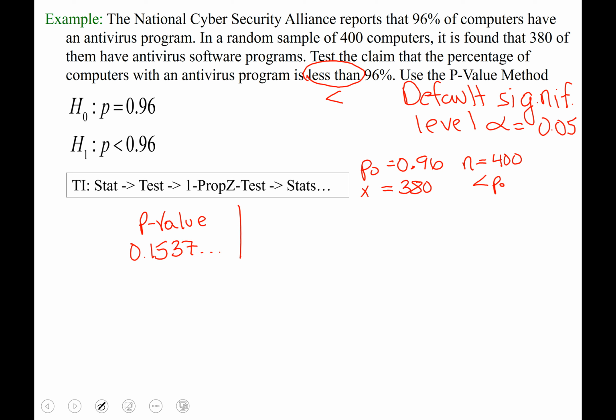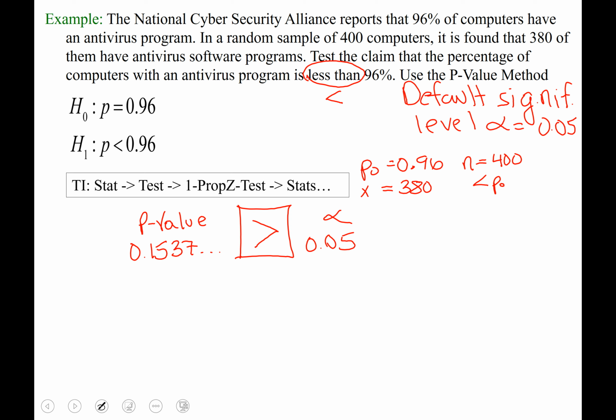And we're going to compare that to alpha, which is 0.05. All right, we need to write an inequality in between the two, and 0.15 is greater than 0.05. So it is time to make our decision.